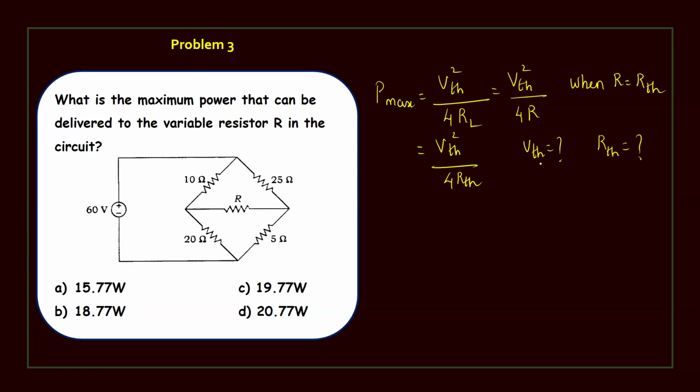To find the V Thevenin, the load terminal should be open circuited. So it is nothing but VOC, open circuit voltage. For that we can proceed like the previous problem. The previous problem we have done, like that we can do to find the V Thevenin. Let me draw the circuit.